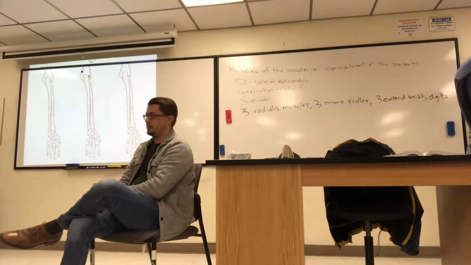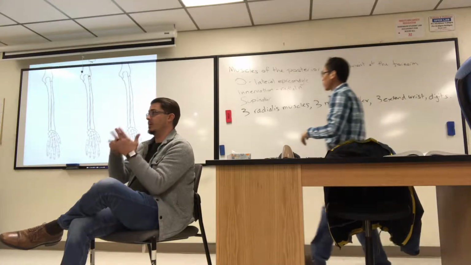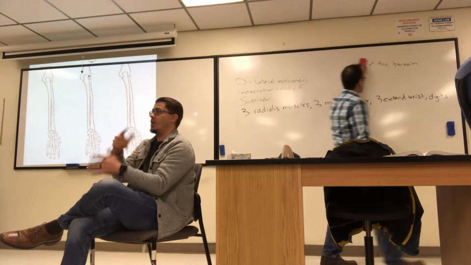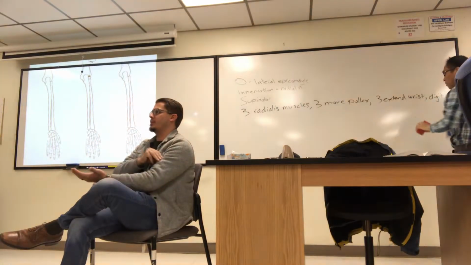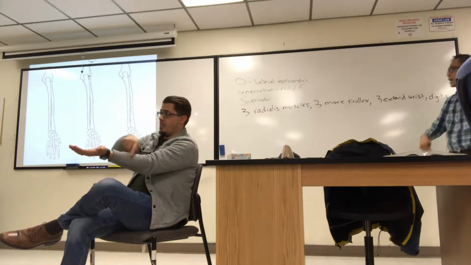So there's 9, and let's just start going through. The first group of 3, the 3 radialis muscles. That tells you which part of the forearm on the posterior side they're on, the radial side or the ulnar side.